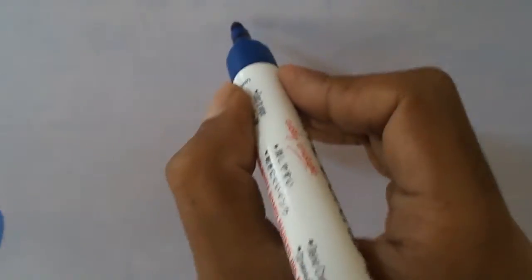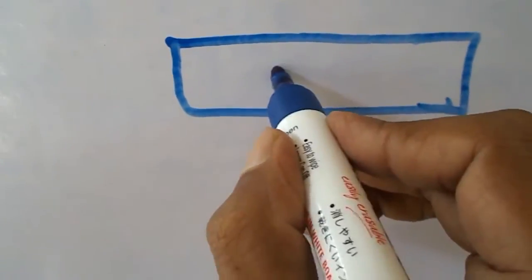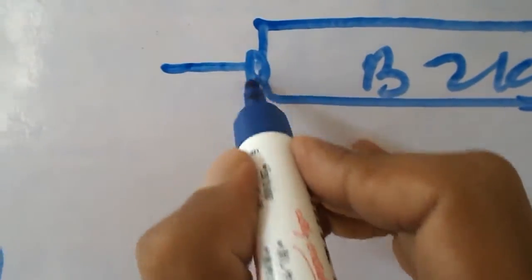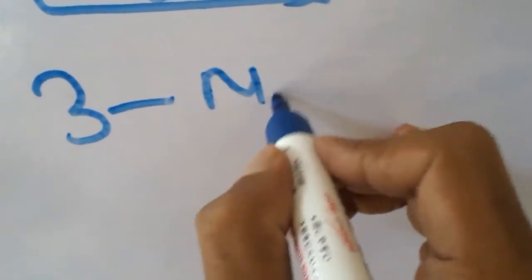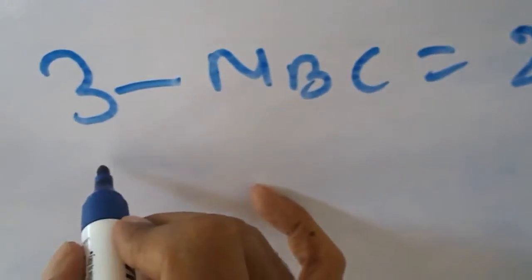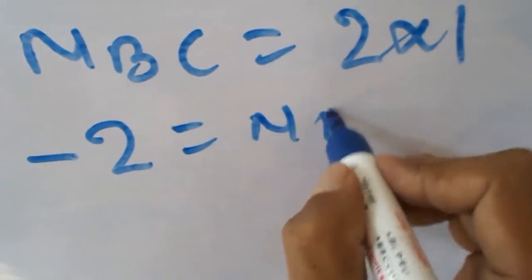Now again, this is for block B, which is mass 2 kg. Here this is the 3 Newton, and here there is another force, NBC. What I get is 3 minus NBC should be equal to 2 into 1, so 3 minus 2 should be equal to NBC.